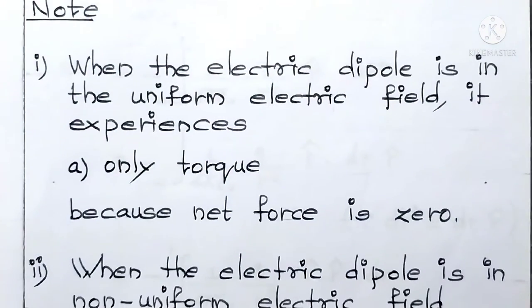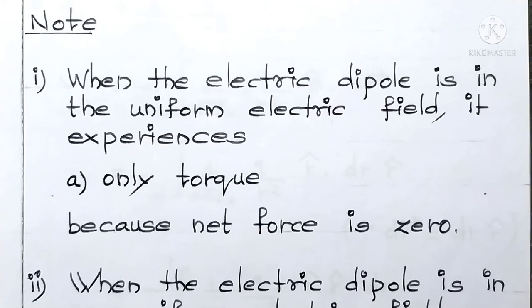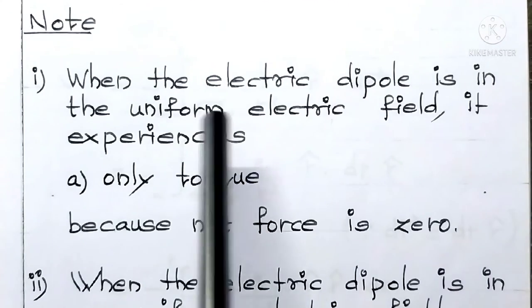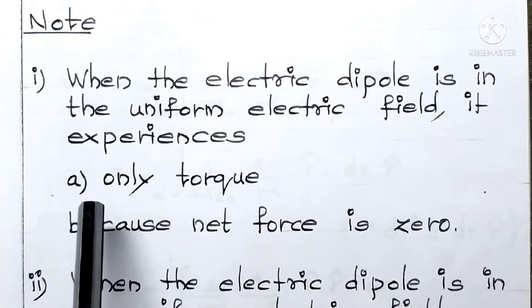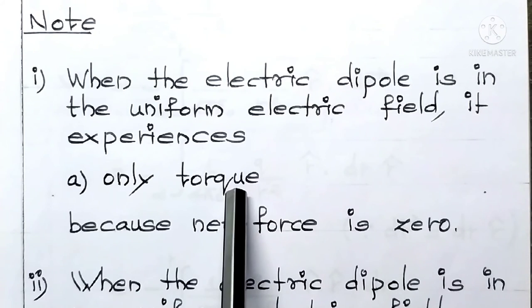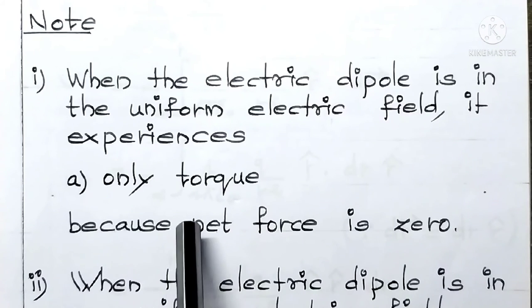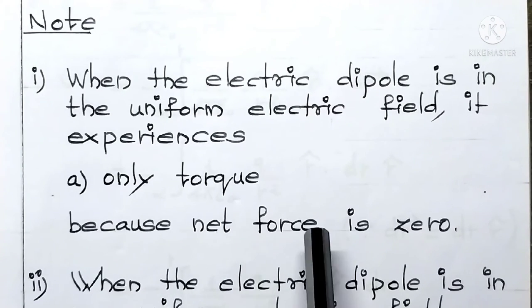Another thing, there is a small note which will be very useful to you in one-word questions. One, when the electric dipole is in the uniform electric field, it experiences only torque. So when it is placed in the uniform electric field, the electric dipole experiences only torque. Because net force is 0.